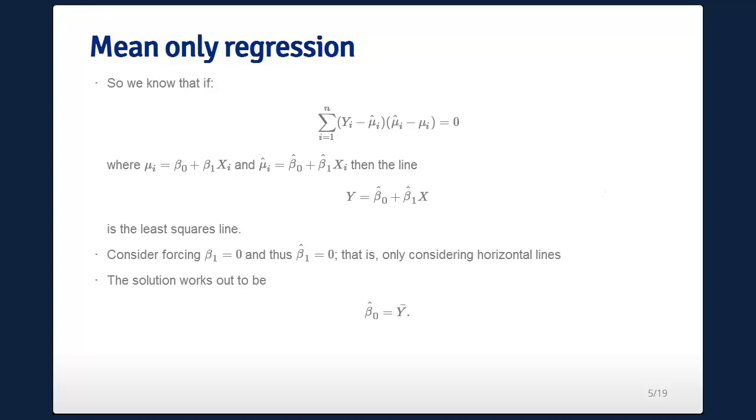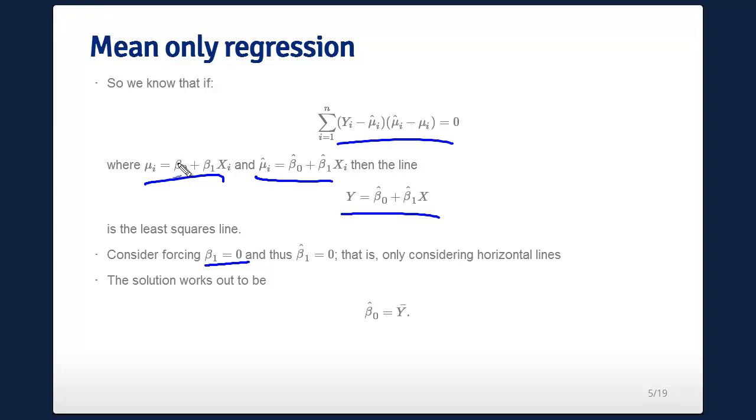Just to recap here, if this criteria is met, where mu i is this and mu i hat is the fitted values, then the regression line y equals beta naught hat plus beta 1 hat x, that line is the least squares line. If we force beta 1 to be 0, then we only have the one parameter beta naught.